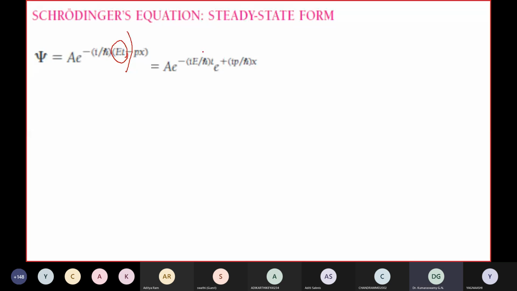This is the time dependent term and this is the time independent term. Our statement says the time dependent term doesn't affect us anymore. Only the time independent term influences the wave function psi. Right? We have split into time dependent and time independent.